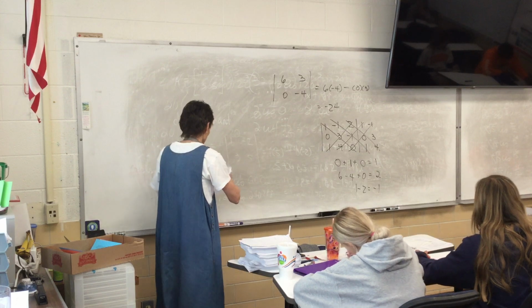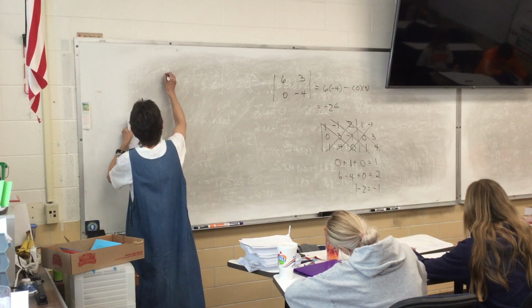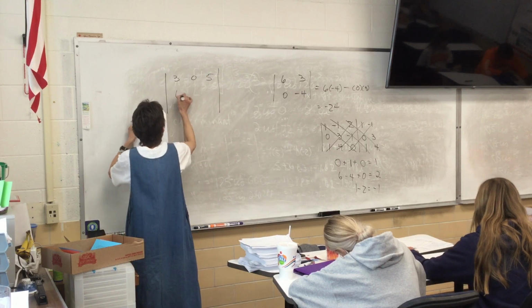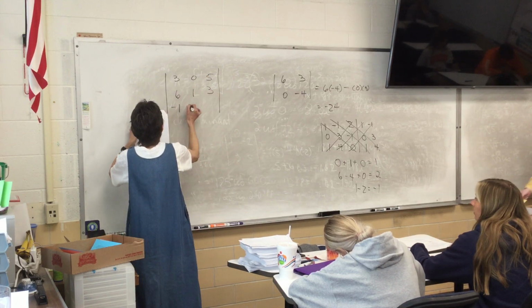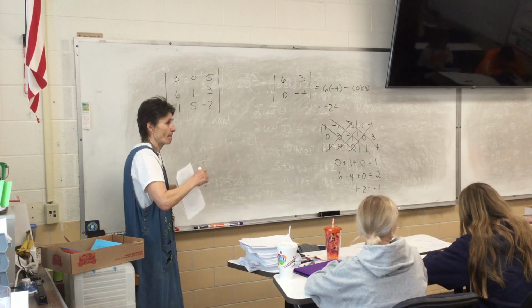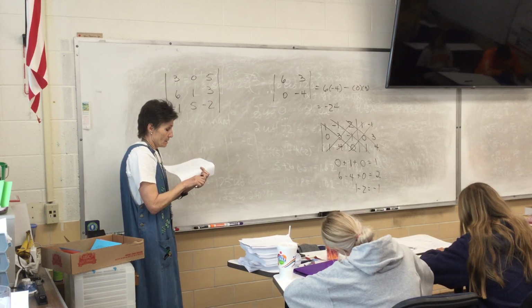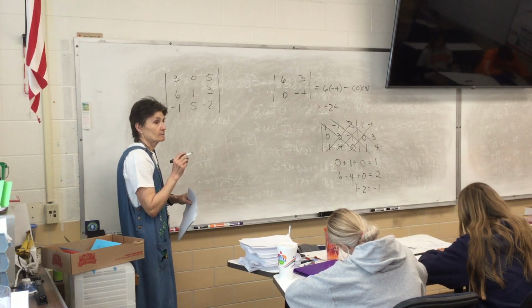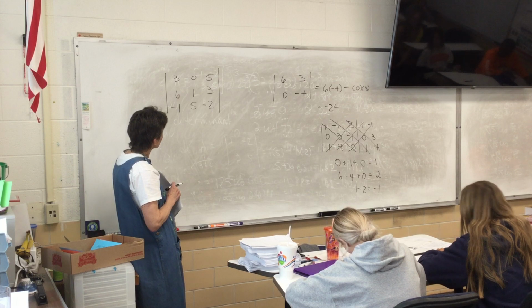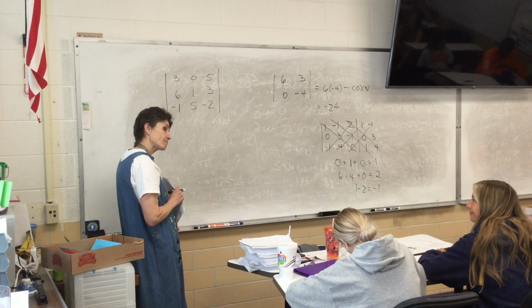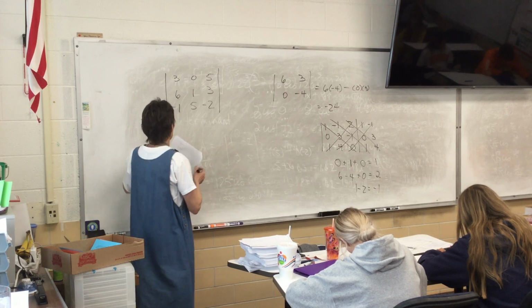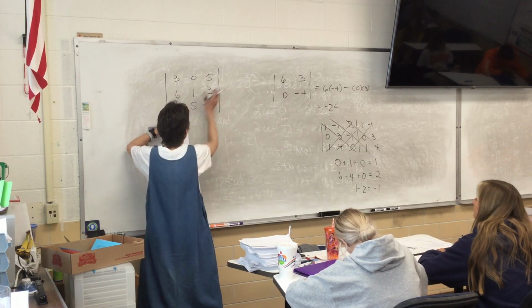All right. Number 3 is another practice problem with this big determinant. So let's see if we can figure out how to do this. Remember, we know how to do it. Let's see if we can remember. There she is. Okay? So, what do I do first? And I do them in exactly the order they are.